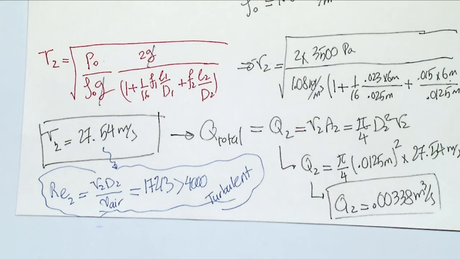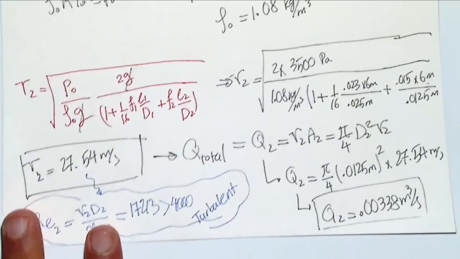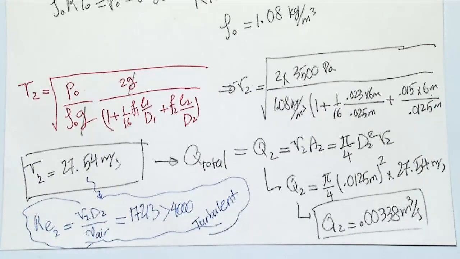But if the friction factor is given, you can expect that the flow is turbulent, because if it's not turbulent, it doesn't make sense for the question to give us the friction factor. So you can check later that the velocity you found ends up with turbulent flow. If not, then maybe something is wrong in your calculation.